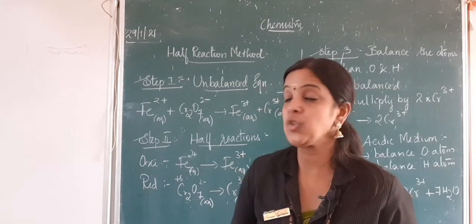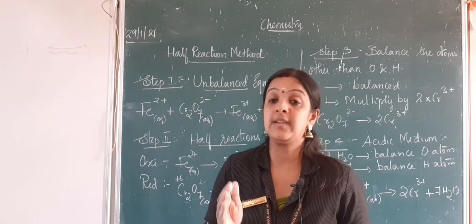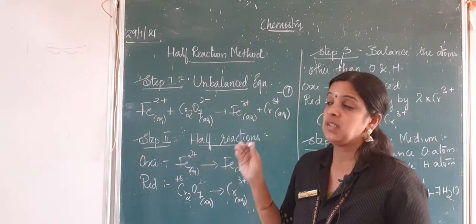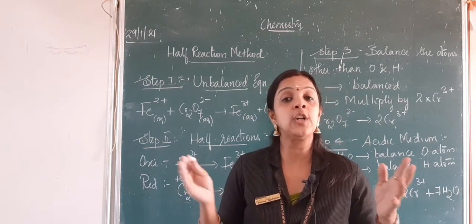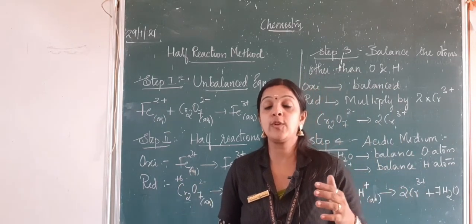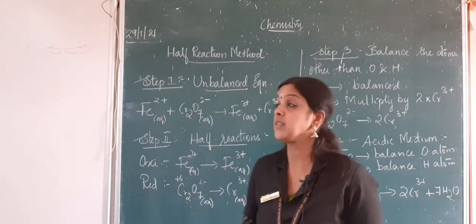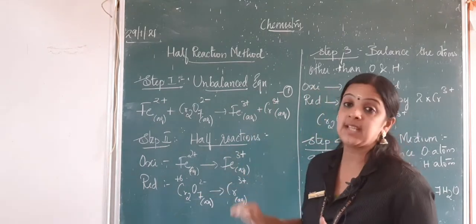We are now getting into the next method of balancing a redox reaction, where we have the half reaction method. From the name, it's very clear that the whole reaction is split into 2 half reactions, out of which one is an oxidation reaction and the other one is a reduction reaction. Step 1 is we write the unbalanced equation.